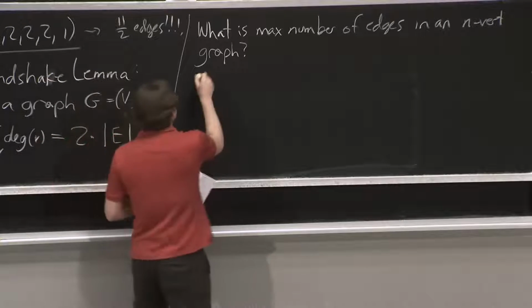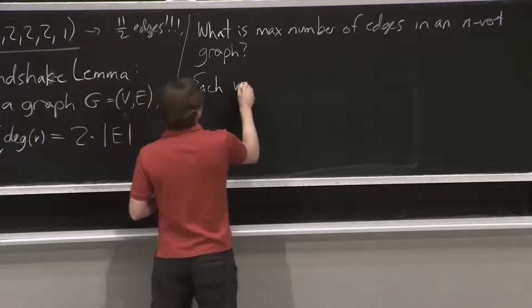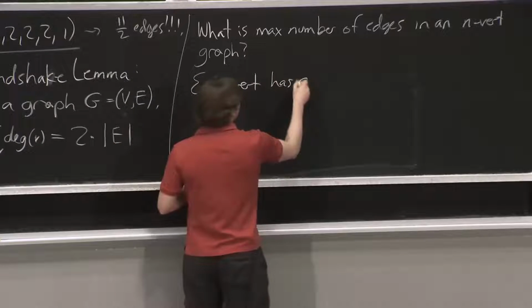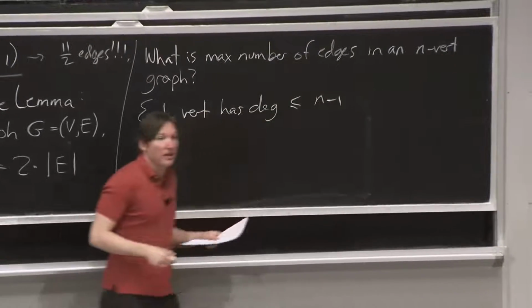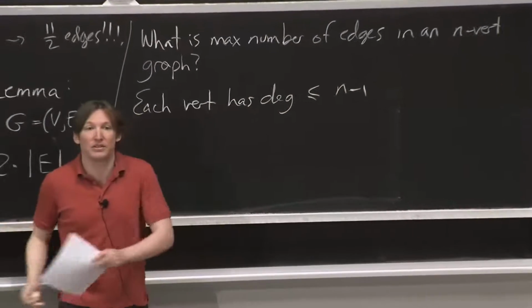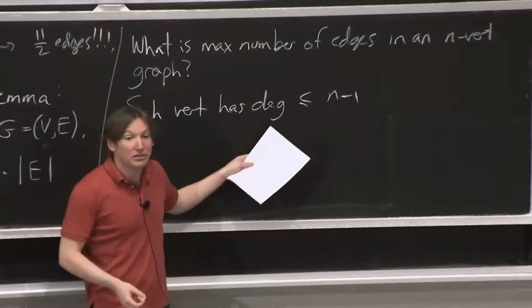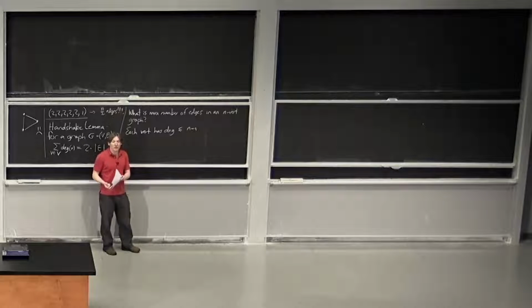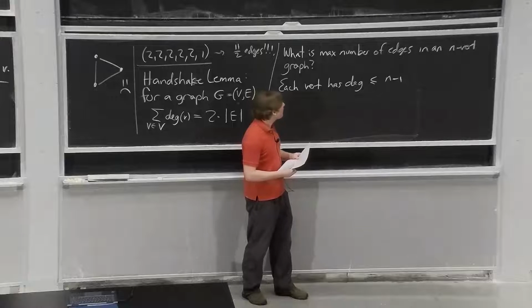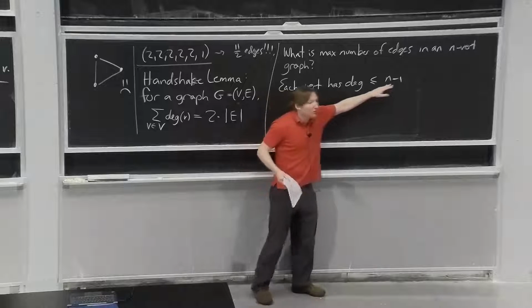Well, each vertex has degree at most n minus 1, because at most it connects to all the other vertices. There are no other vertices to connect to. You can't connect to yourself. You can't repeat any connections. Once again, that's what we meant by simple graph, and all our graphs are simple. So every vertex has degree at most n minus 1.